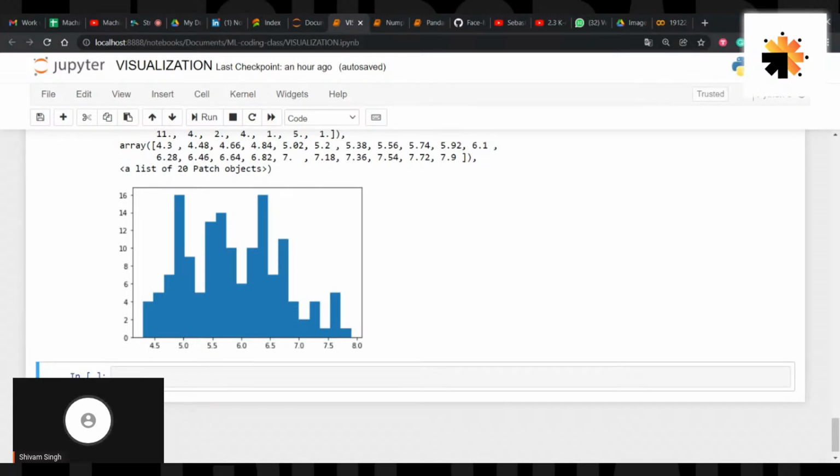So if a person's age is between 25 and 35, definitely his weight is normal. I am talking about normal people. So most of the people have a weight between 60 and 80. This is my personal opinion.